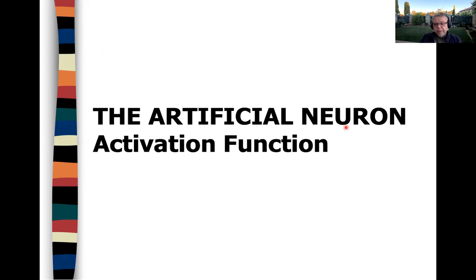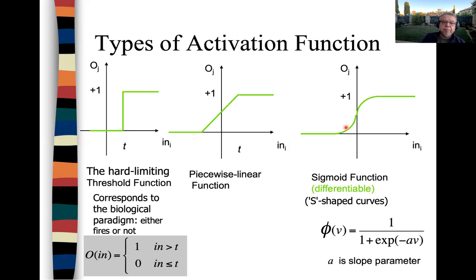So let's now talk about the activation function, the types of activation functions. So you have different types which have been used. Some work better than others. So the first one is the hard limiting threshold function, which corresponds to the biological paradigm. So you either fire or not fire.